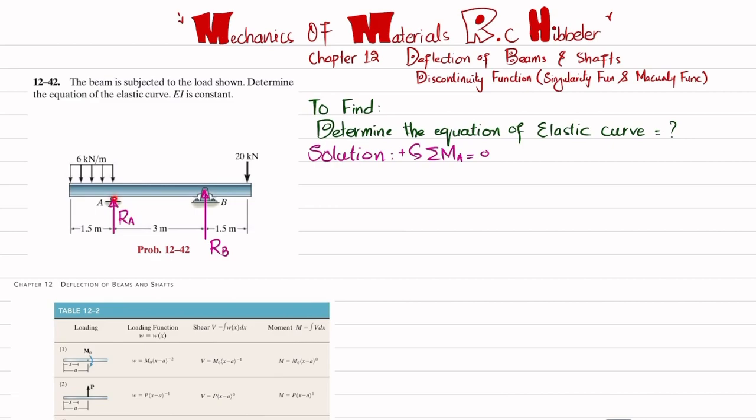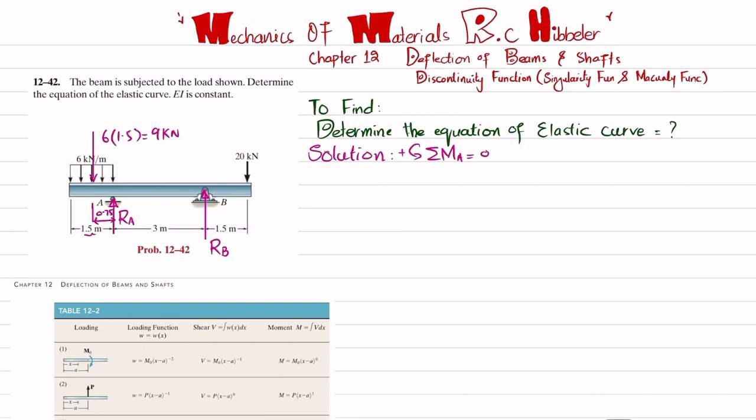About point A, the first moment is produced due to this distributed load. When converted into a point load, it will be 6 into 1.5, which is equal to 9 kilonewton, and it acts at a distance of half of 1.5, which is 0.75 meter.